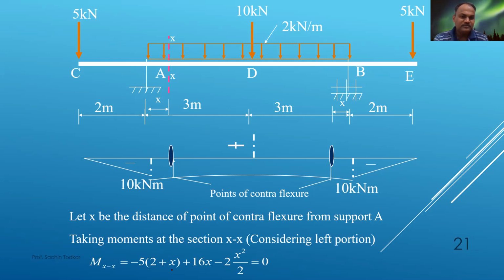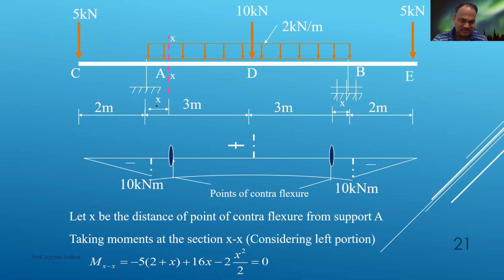We are going to find out these points of contraflexure xx with the help of this equation. Mxx is equal to minus 5 into bracket 2 plus x, plus 16 into x.